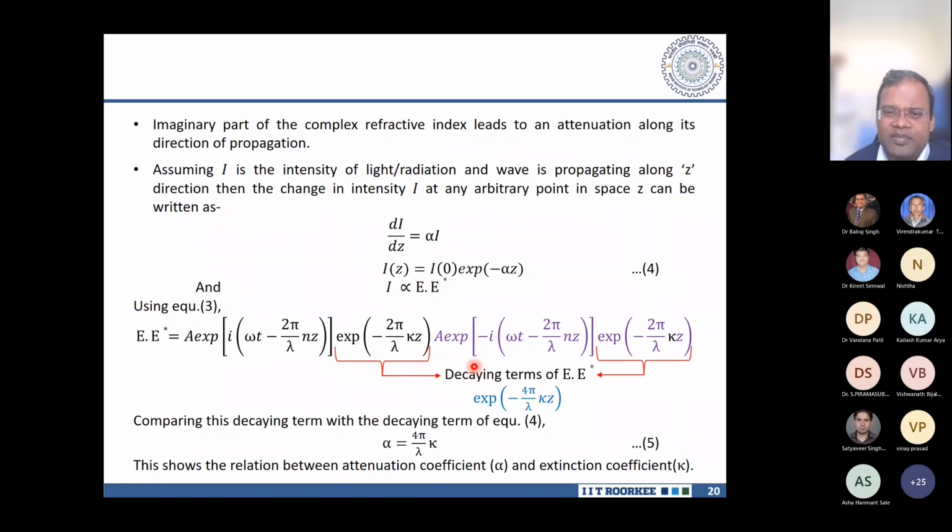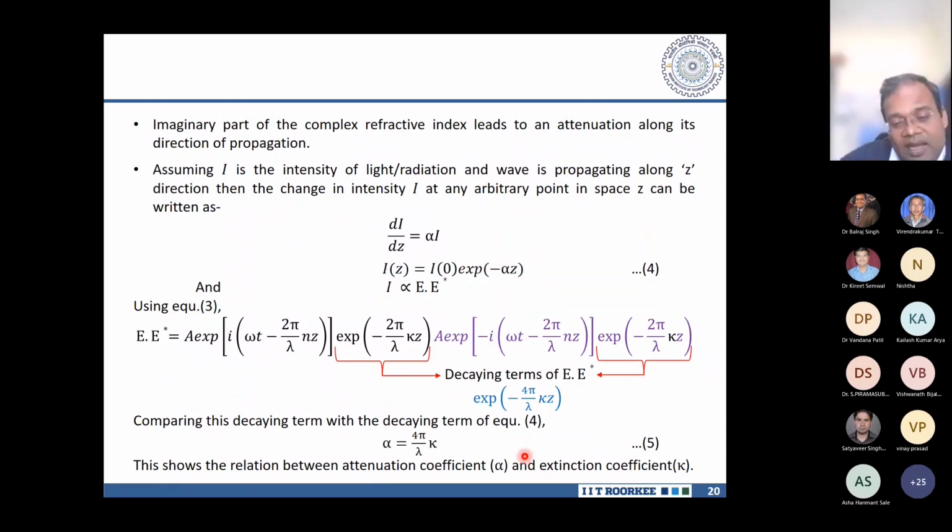Now from the previous slide we can substitute E and E star, and you will see this term which I was mentioning is here in the E, and it's also present in the E star. So the total decay term for the intensity is exponential of minus 4 pi upon lambda into kappa z. Now if you compare this and this, you will have alpha equals 4 pi upon lambda into kappa.